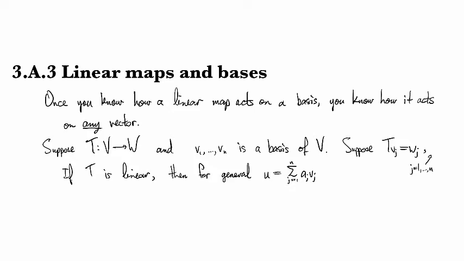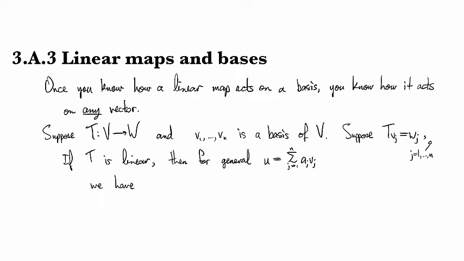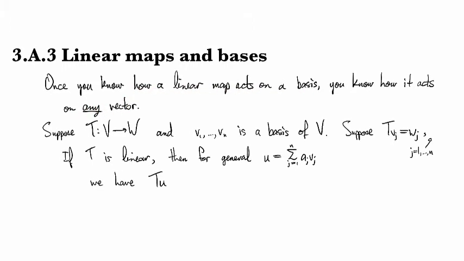So there's some coefficients aj such that if we add them up, we'll get u. And so now I can see what T does to u. So a moment ago, I told you that once we know how it acts on a basis, then we know how it acts on any vector, right? Okay, so here is our any vector.